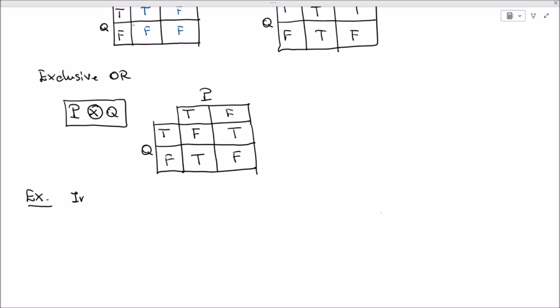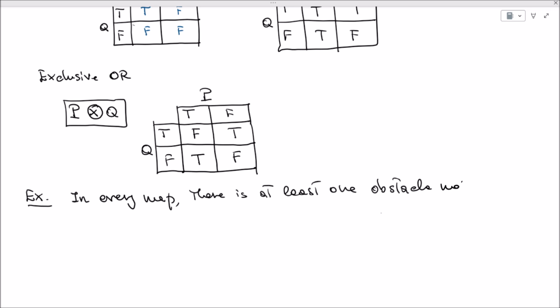In every map, there is at least one obstacle not detected by the robot.